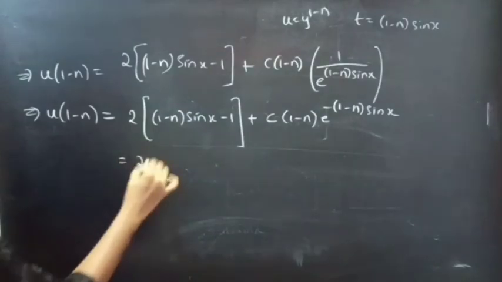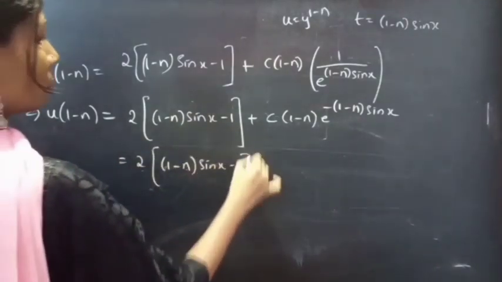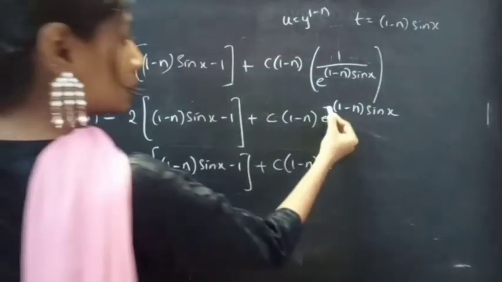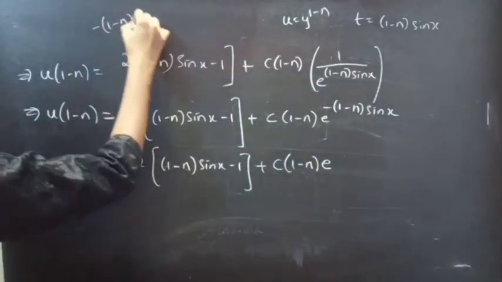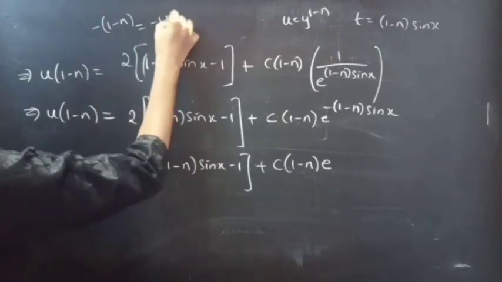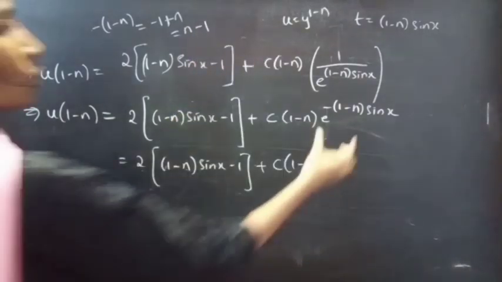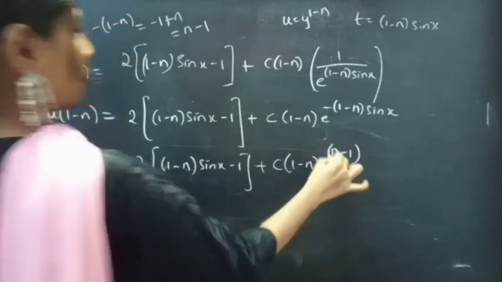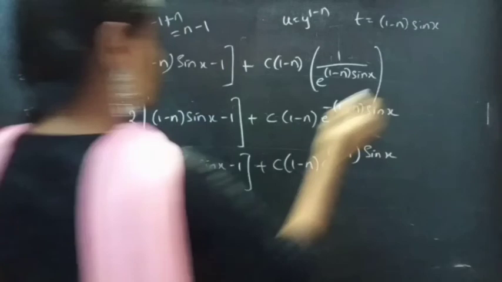Right? This equals 2 times 1 minus n into sin x minus 1 plus c times 1 minus n into e power, take this minus inside the brackets. You're having minus of 1 minus n, which can be written as minus into 1 minus n, which is n minus 1. So you can replace minus of 1 minus n by n minus 1 into sin x.